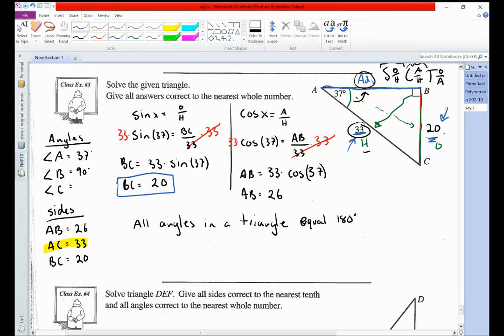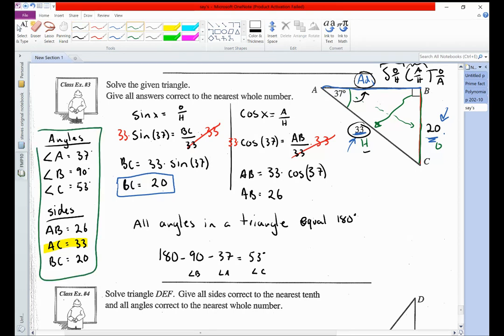So we can say if they all equal 180, I can subtract the 90, that's angle B, and I can subtract 37, which is angle A, and that will give me angle C. So 180 minus 90 minus 37 is 53 degrees. 53 degrees. There we go.